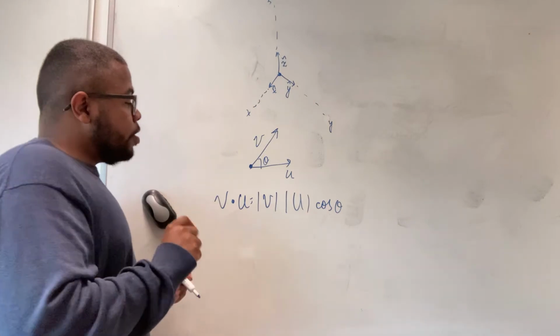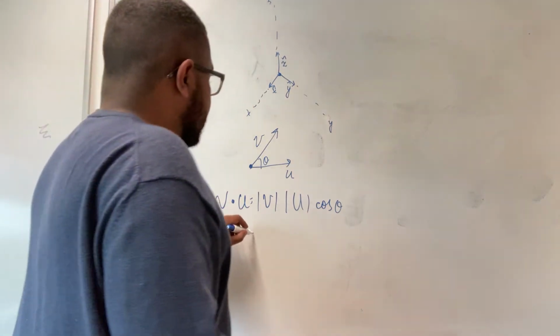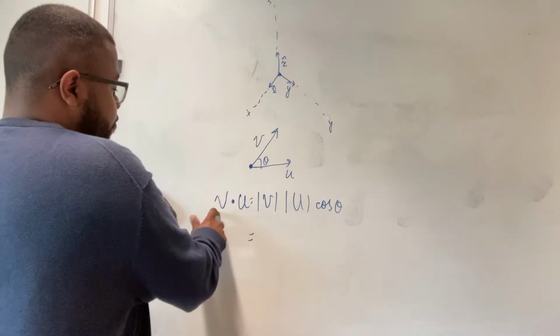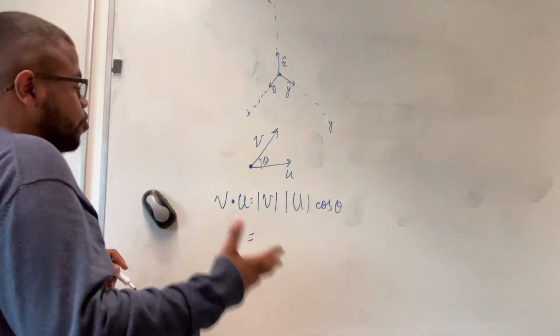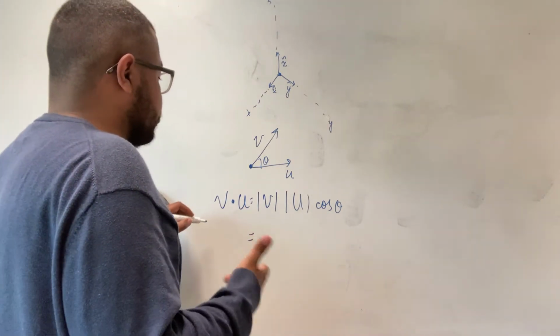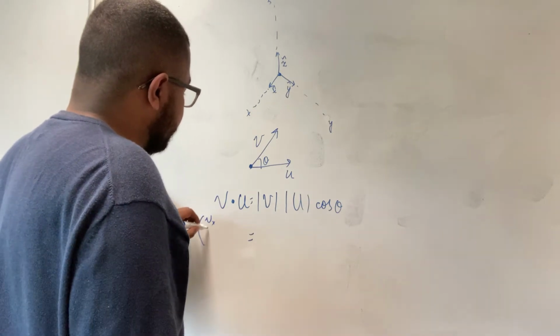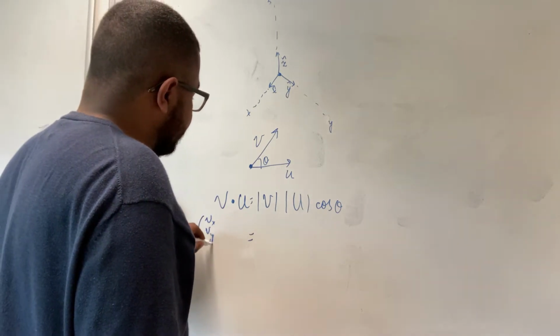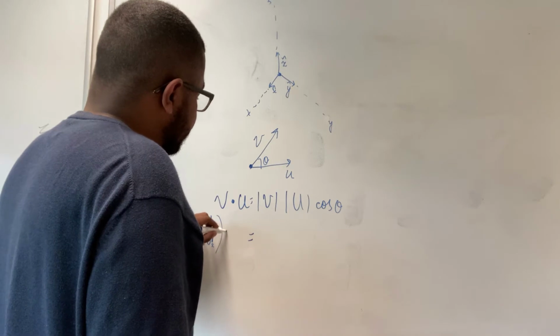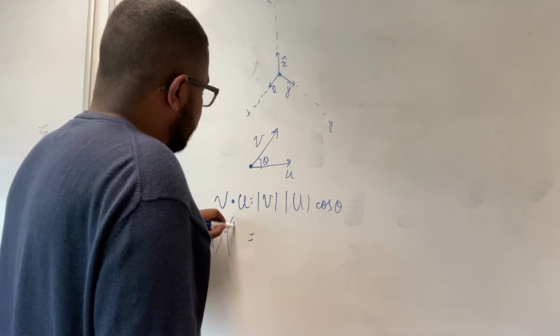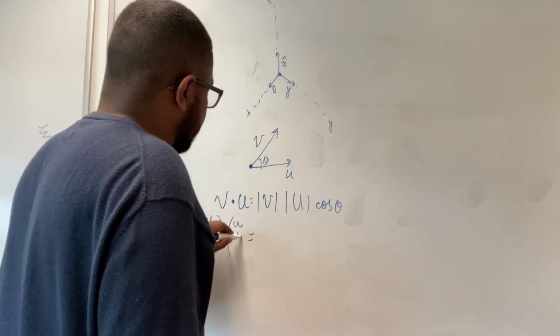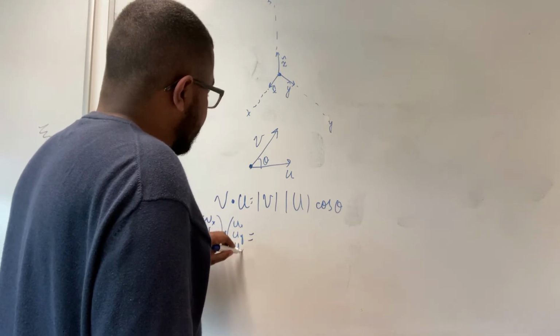But another way in which you can write the dot product is this: say v and u are in R3, so in the Cartesian 3D coordinate system. Then I know that they have the components vx, vy, and vz, and ux, uy, and uz.